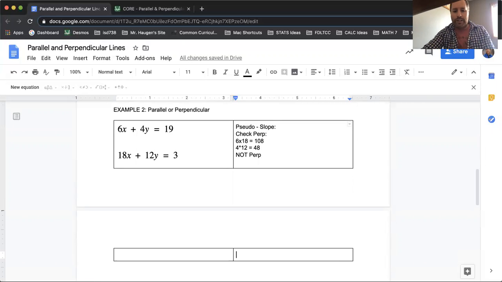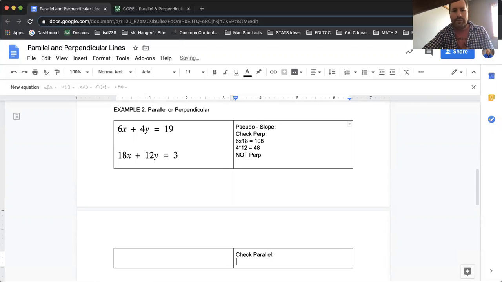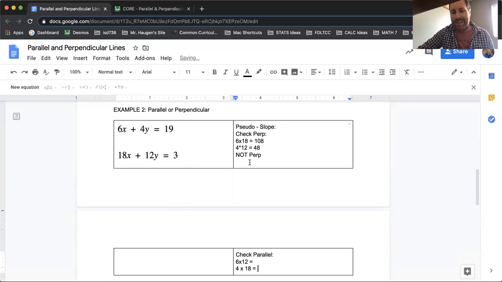But now if we want to check if they're parallel, right? Check if the things are parallel. Well, then we check the cross multiply. So here we would do 6 times 12 and see what that's equal to. And we would also do 4 times 18 and check what that is equal to.